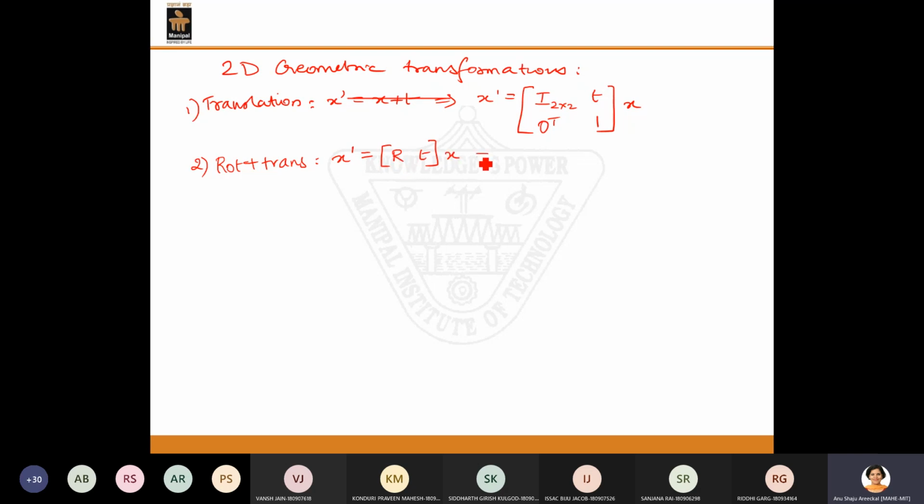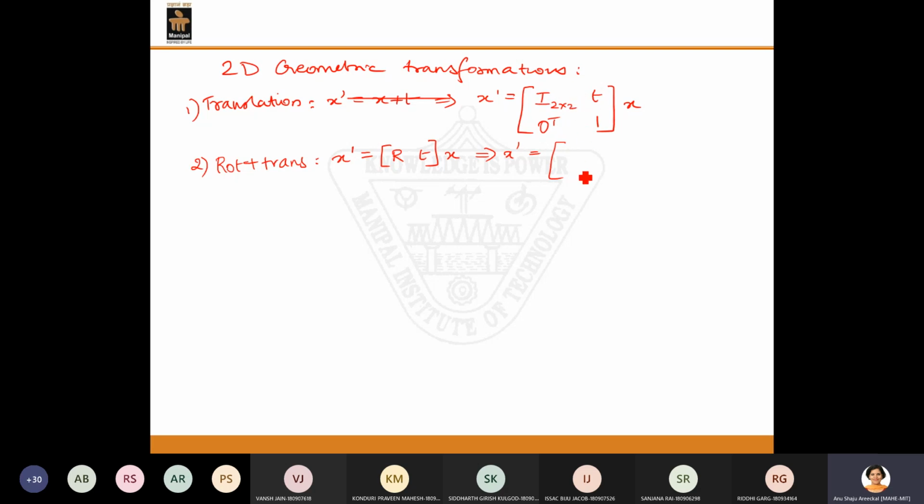And we saw that if we are trying to represent this in the homogeneous representation, how we can write this is x dash is equal to... can anyone tell me how the matrix would look when I'm adding rotation along with the translation? Okay, so this was the transformation matrix for a translation.